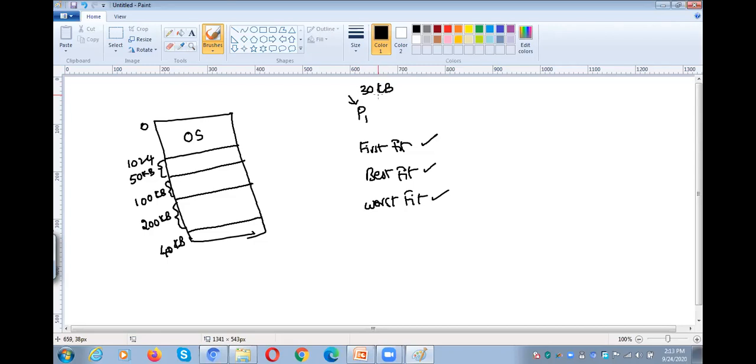First fit chooses which block? The 50 KB block, right. Then what will be the wastage? If it is a 50 KB block and you are keeping only 30 KB in it, the remaining 20 KB of memory is wastage.